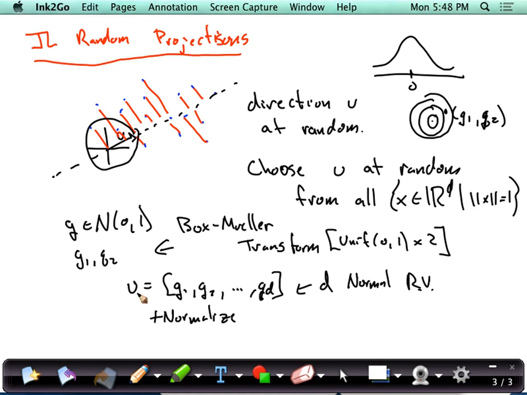And this gives me a random direction on this circle. So it's this random direction.